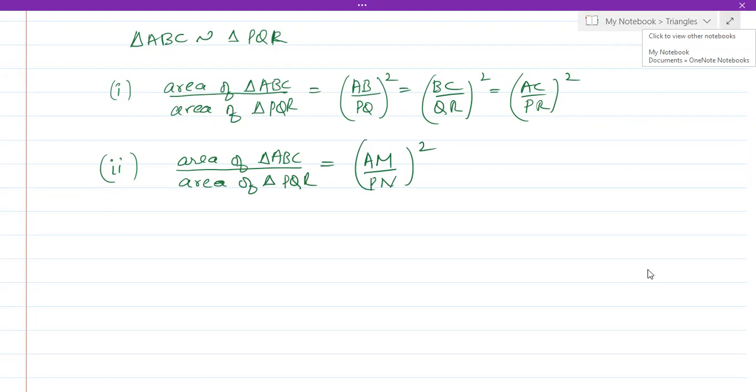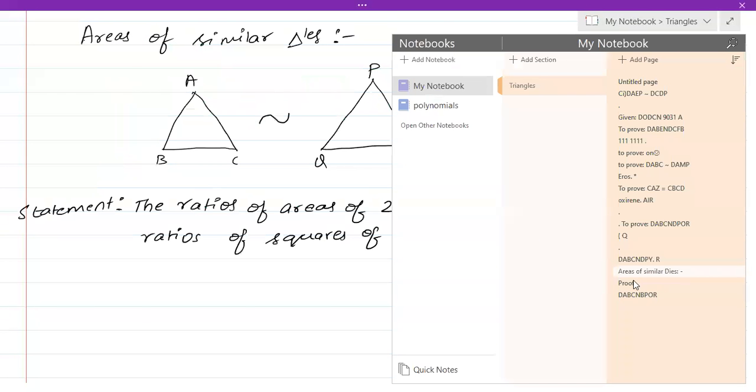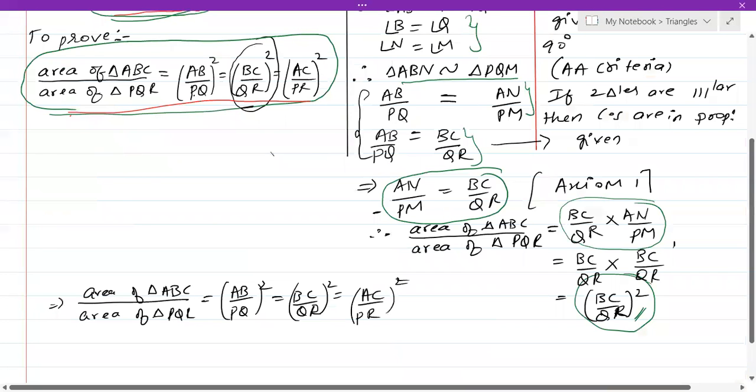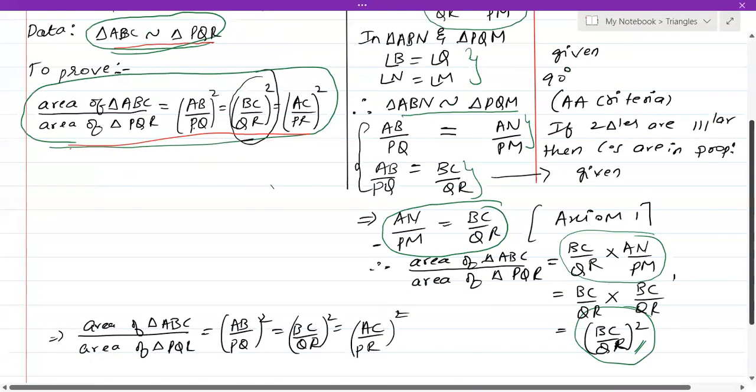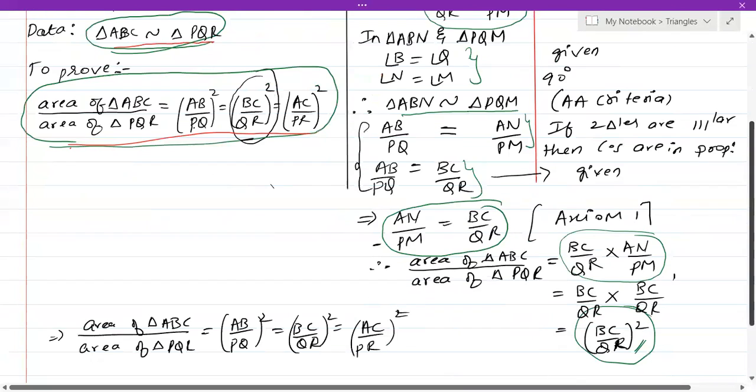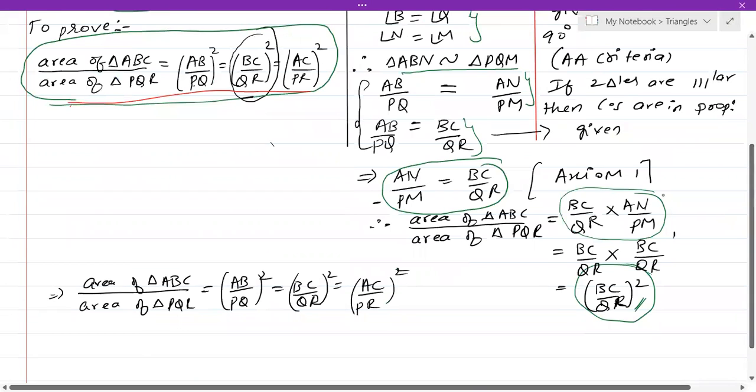See, in the previous thing where we proved, this is what we proved, right? So here, just observe, in the last proof, in this step, we replaced this AN by PM by BC by QR. Imagine we do the reverse: we keep this AN by PM as it is, take out this BC by QR and replace it by AM by PN.